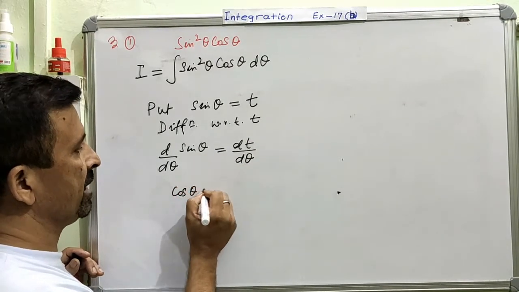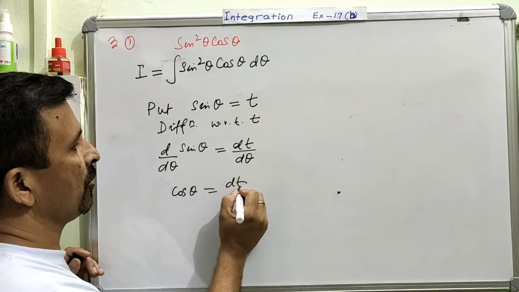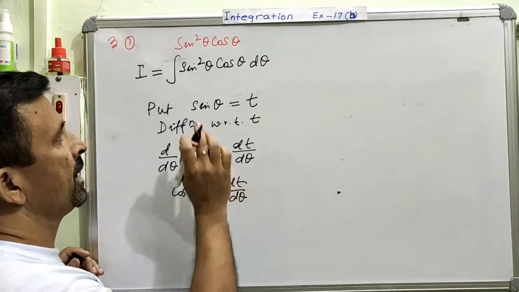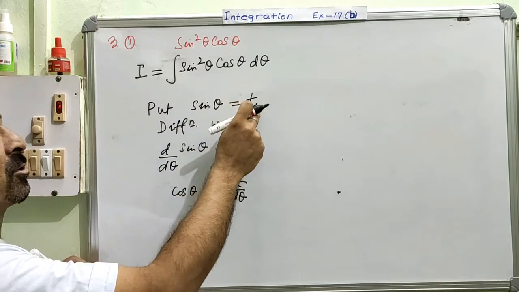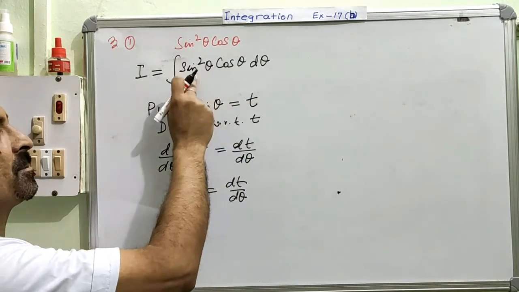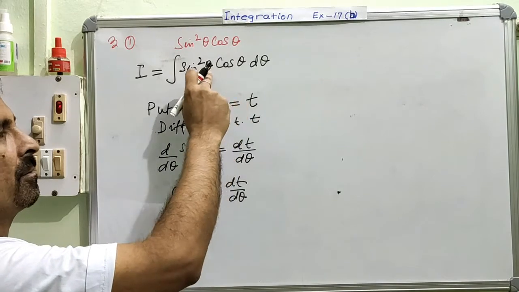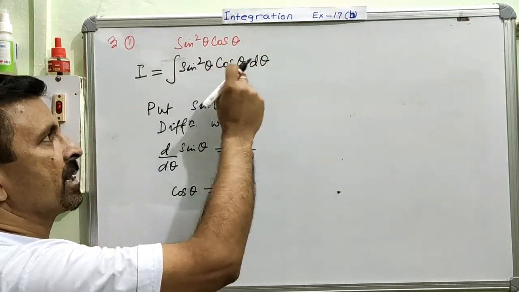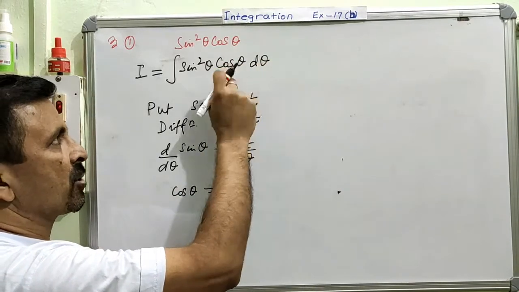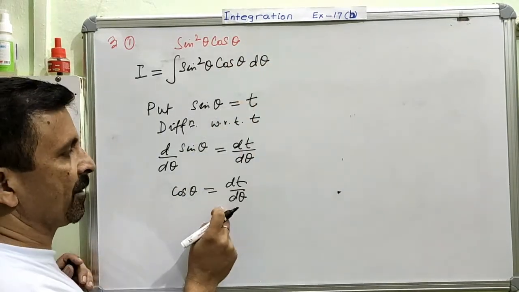So cos theta is equal to dt over d theta. Now look at your question. You substituted sine theta is equal to t, right? So this part is sorted out. Now we are left with cos theta and d theta, right? So we have to find the value of cos theta and d theta.